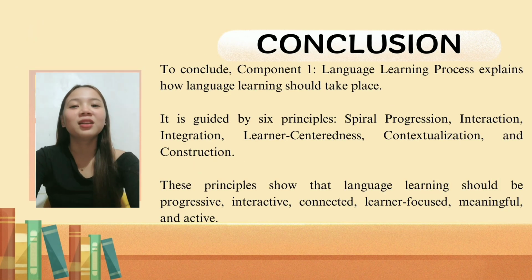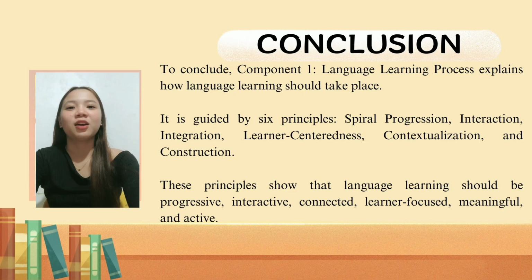So to conclude, component 1, the language learning process, explains how language learning should take place. It is guided by 6 principles, which are the spiral progression, interaction, integration, learner-centeredness, contextualization, and construction. These 6 principles show that language learning should be progressive, interactive, connected, learner-focused, meaningful, and active.